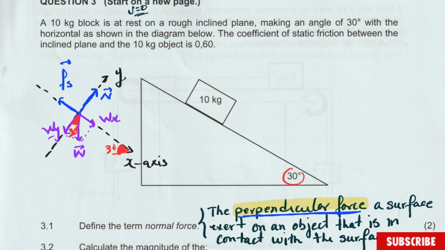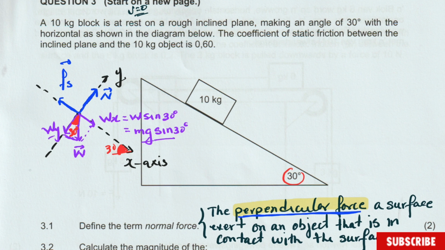So if you, for instance, want to calculate the weight in the x-axis, you can see that it's the opposite side to the angle and is equal then to weight multiplied by the sine of theta, which in this case is 30 degrees. If you substitute, it's going to be mass multiplied by acceleration due to gravity multiplied by the sine of 30 degrees.